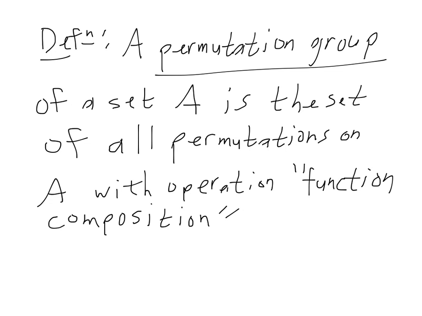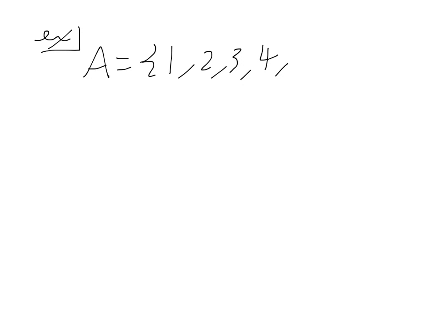All right, so for example, let's start with a fixed set A. Typically, we choose A to be the set of numbers from 1 to fill in the blank. So let's say that A is equal to the set of numbers 1, 2, 3, 4, 5.